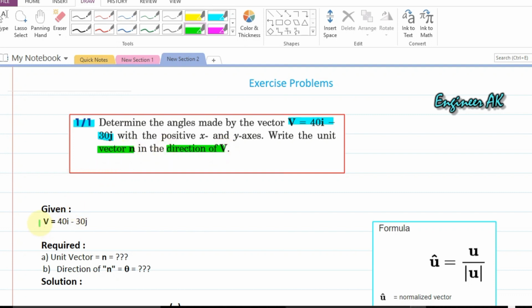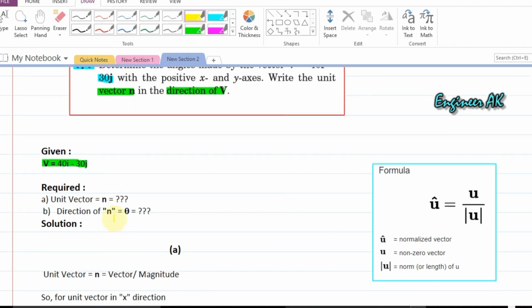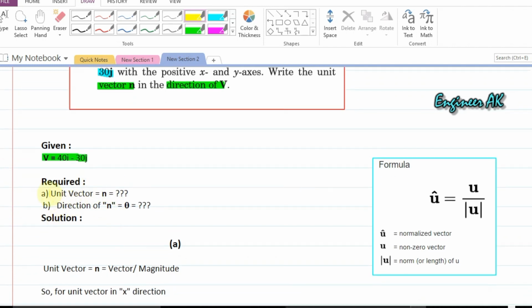So here we are just given the value 40i minus 30j, and we have to first find the unit vector, and then find the direction, or theta angle, it is making with the positive x-axis.